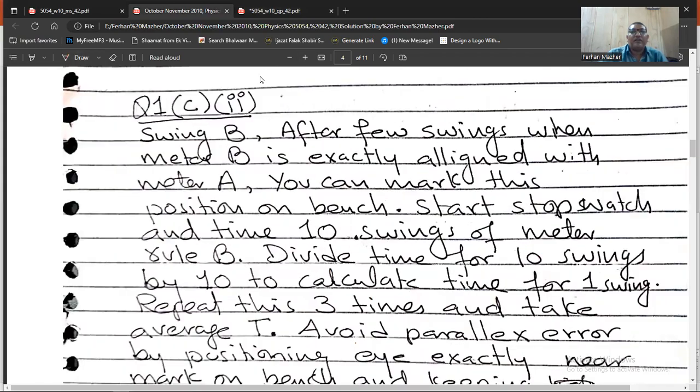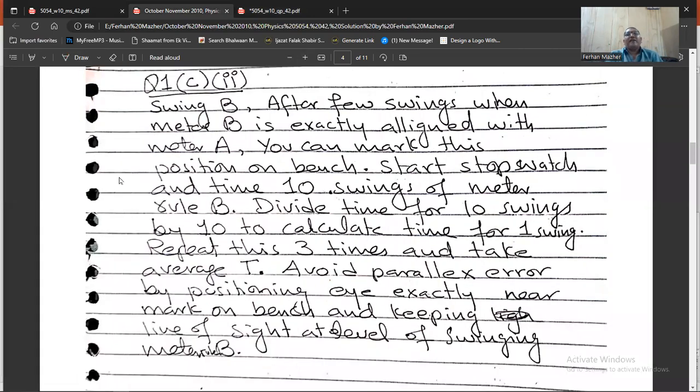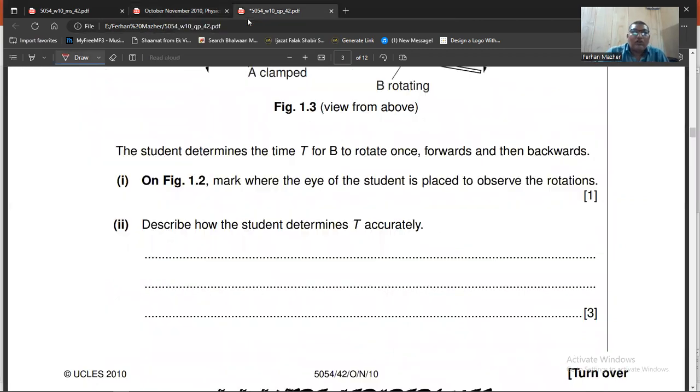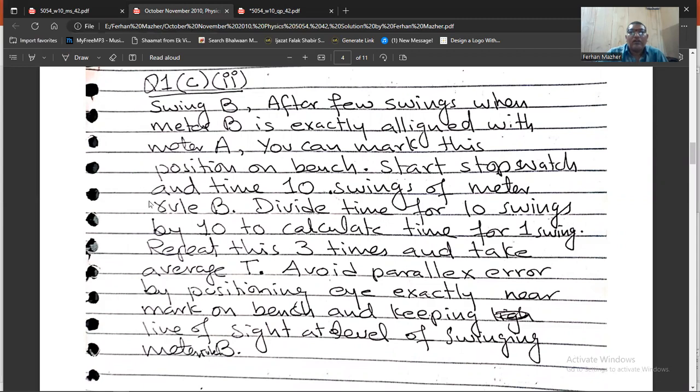See the second part. He says swing B, and after a few swings, when meter rule B is exactly aligned with meter rule A, you can mark this position on the bench with a point. Start the stopwatch and time 10 swings of the meter rule.